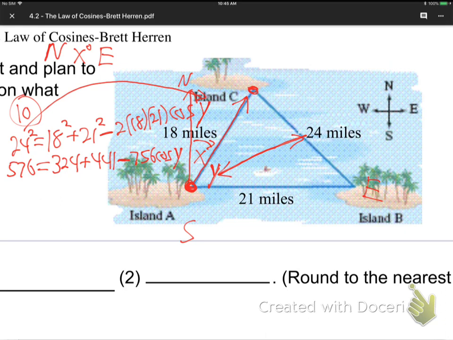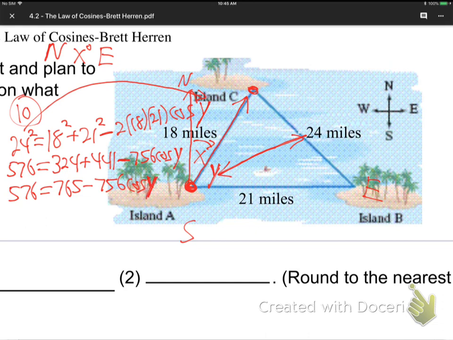And then to finish solving here, what do we got? Add those up. 576 is 324 plus 441, 765, minus 756 cosine y, if you can read that.